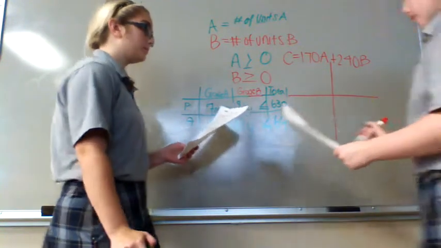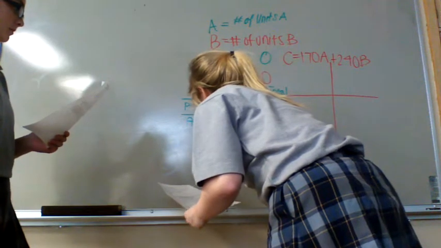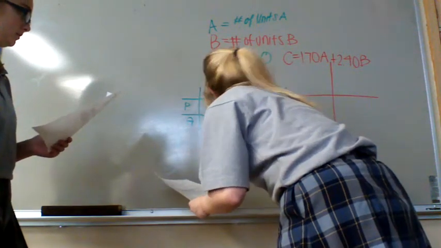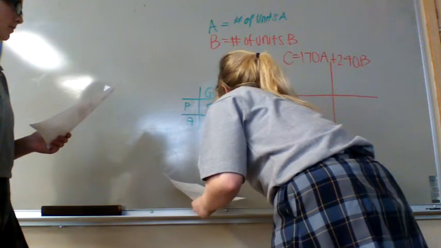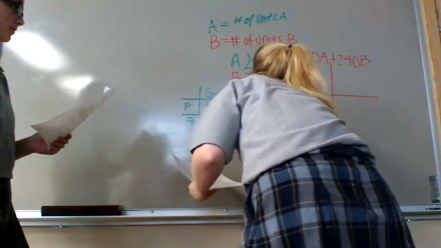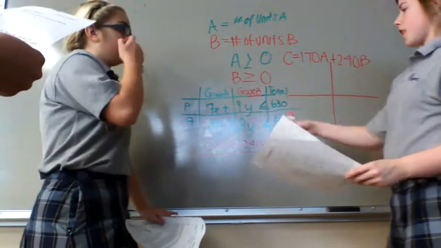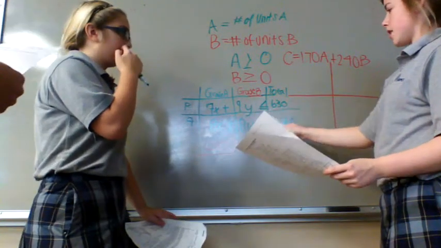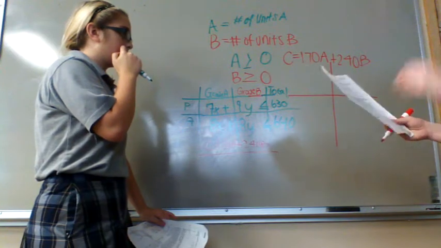And then we'll write our objective function again, and then we will write some points. So then we will figure out our x and y intercepts for these two equations so that we can graph a line for them.